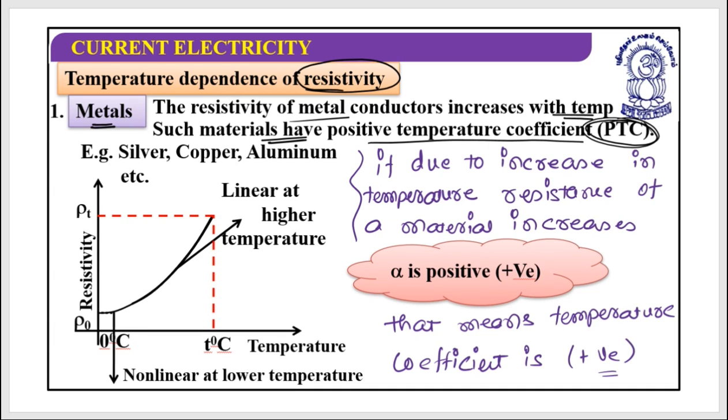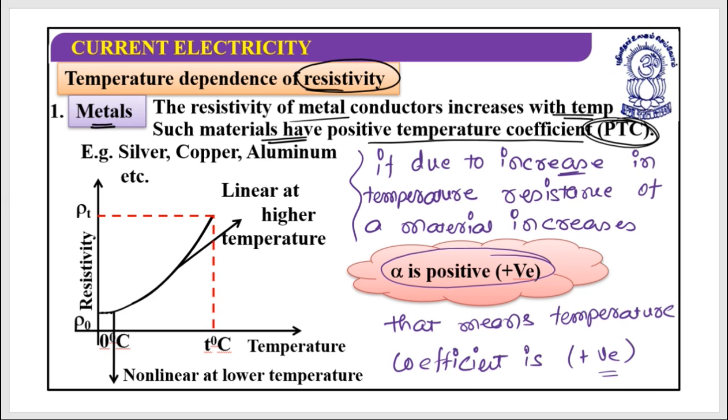I hope these things are clear. Yes, if temperature increases and resistance also increases, my alpha is positive. If the reverse is the case, let's suppose there is an increase in the temperature, but there is a decrease in the resistance.